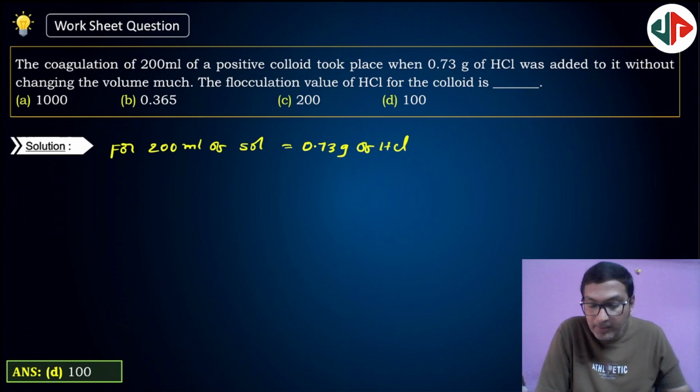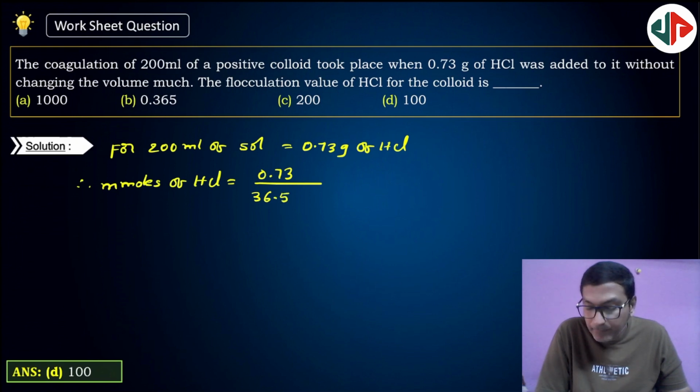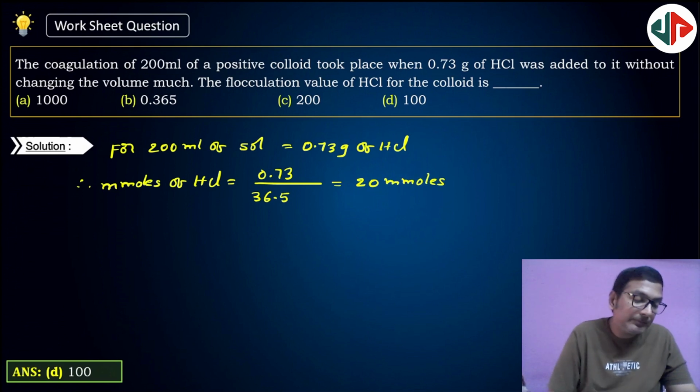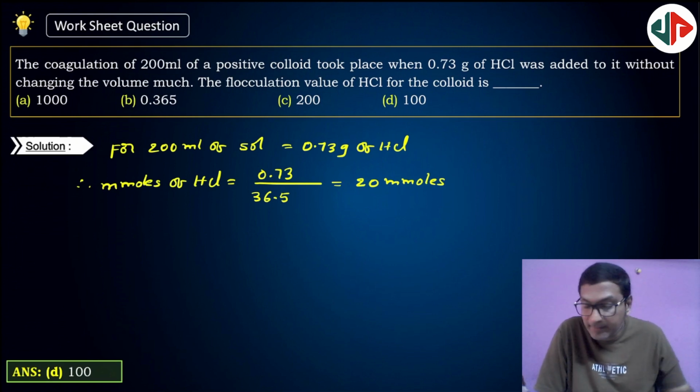So therefore millimoles of HCl equal to 0.73 by 36.5. So we'll get this value as 20 millimoles. So 20 millimoles from this.